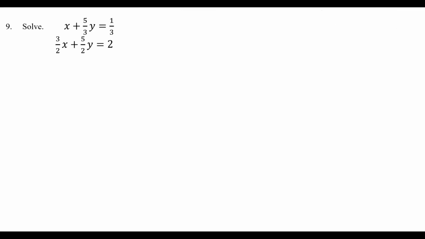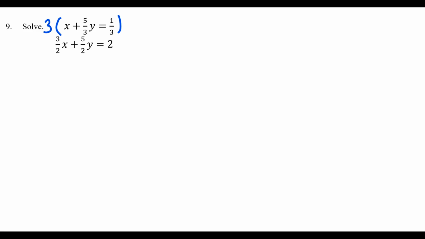This one has fractions. Let's first talk about getting rid of some of these fractions. You can get rid of these fractions in this first equation by multiplying by a common denominator. Well, common denominator here would be a 3.